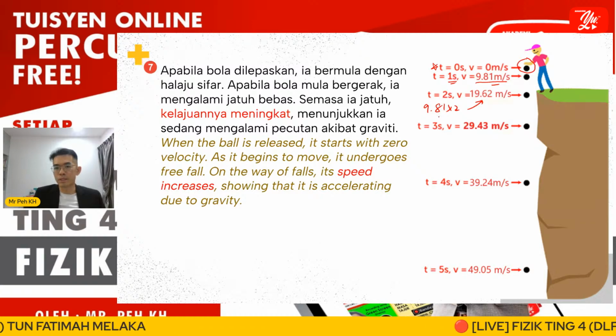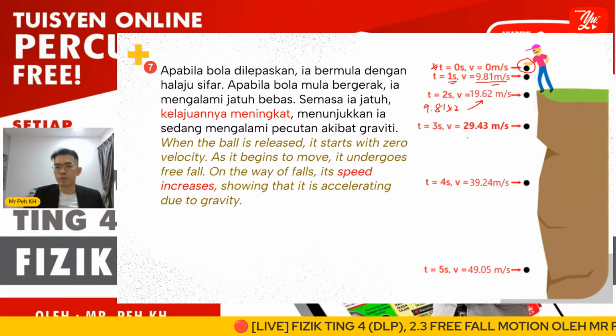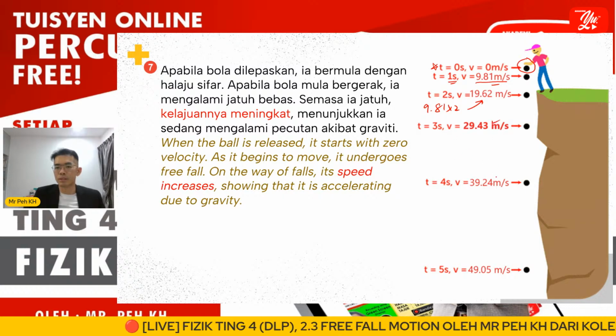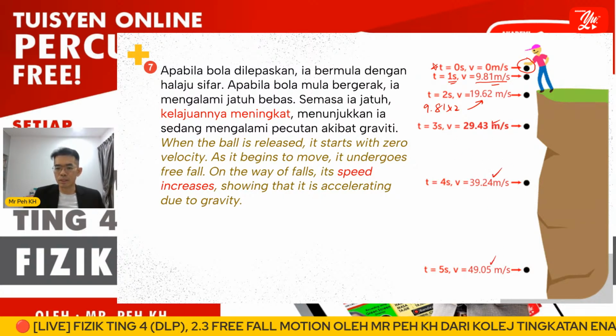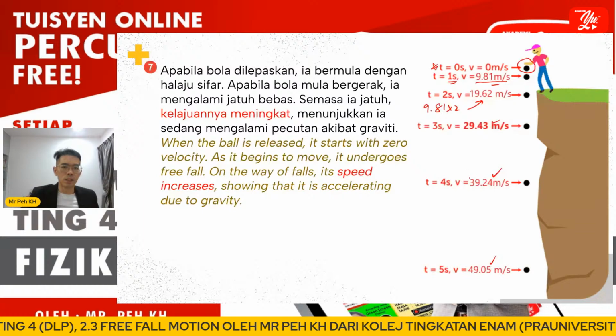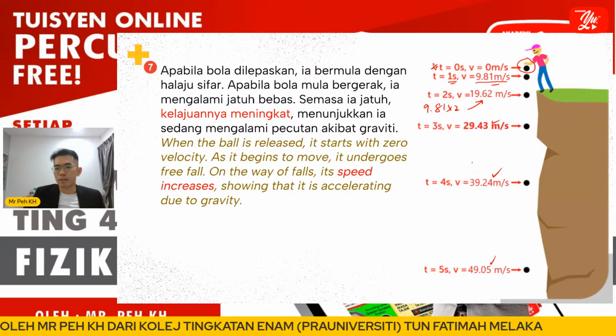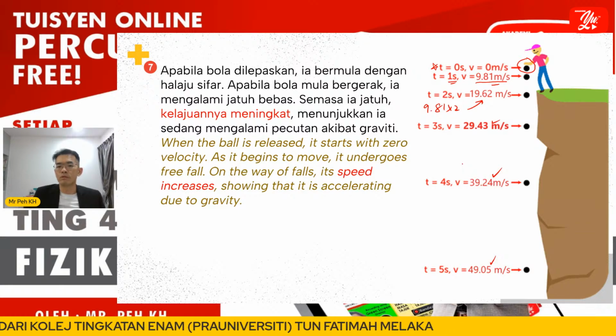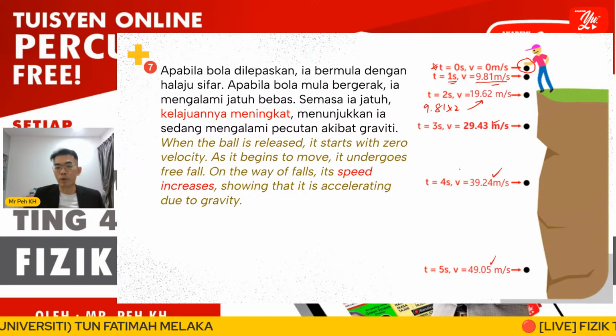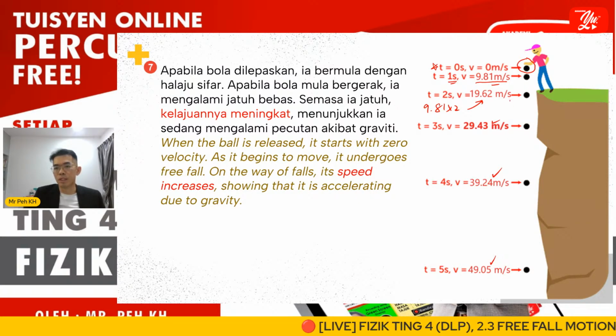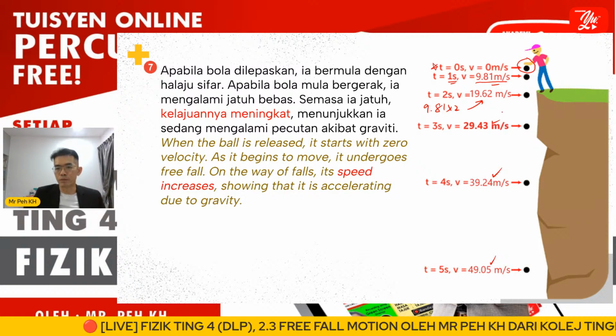From this consecutive duration, you may see that the velocity increases due to the gravitational pull, and for the Earth, g is equivalent to 9.81. So every second, the object's velocity increases by about 9.81 meters per second.